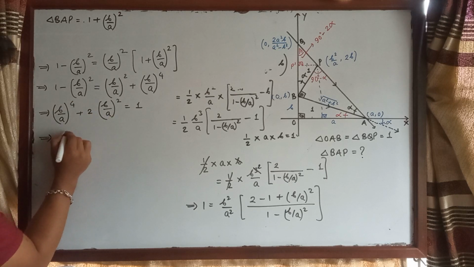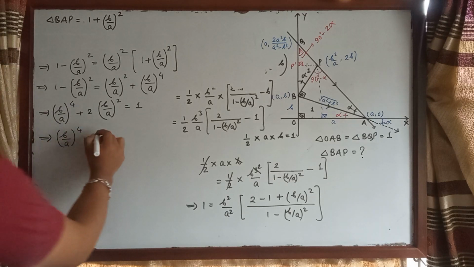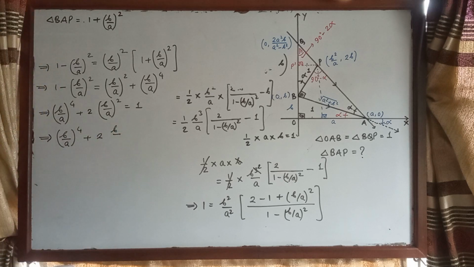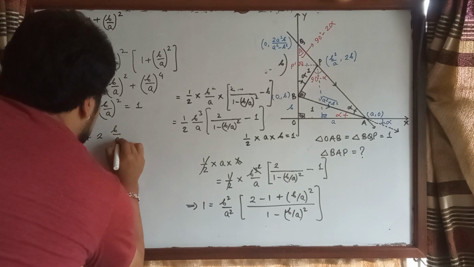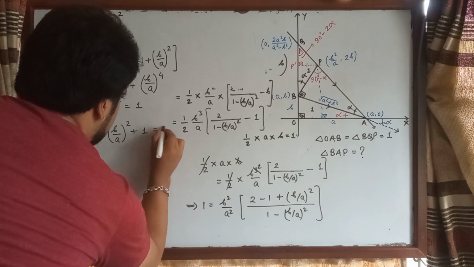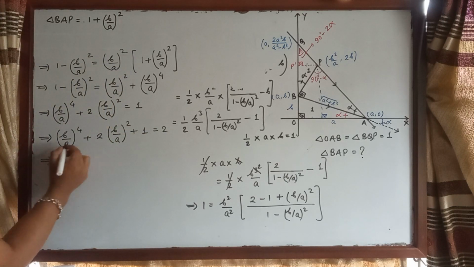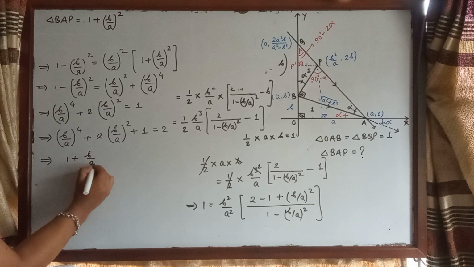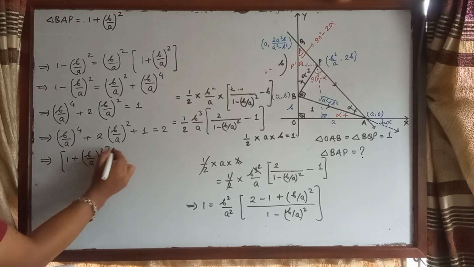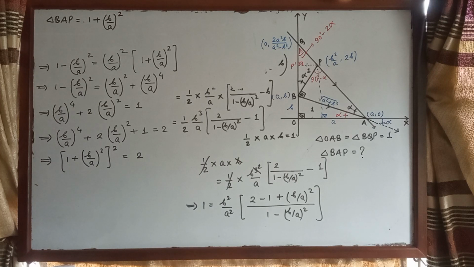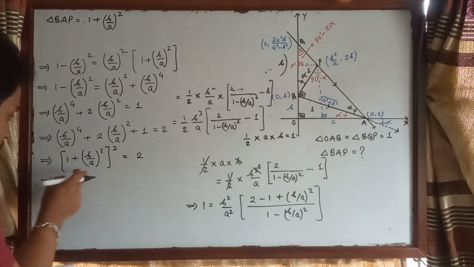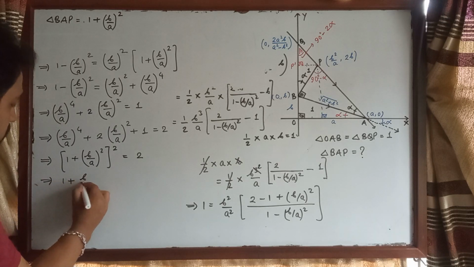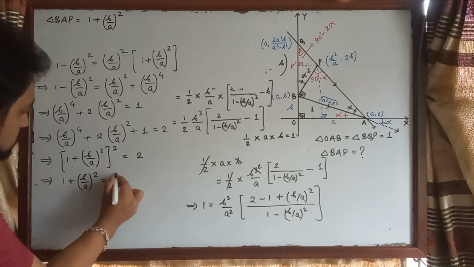Now if we add 1 to both sides, we get something like this, and this will be equal to 1 plus b over a whole square equals 2, which means taking the square root, 1 plus b over a whole square will be equal to square root of 2.